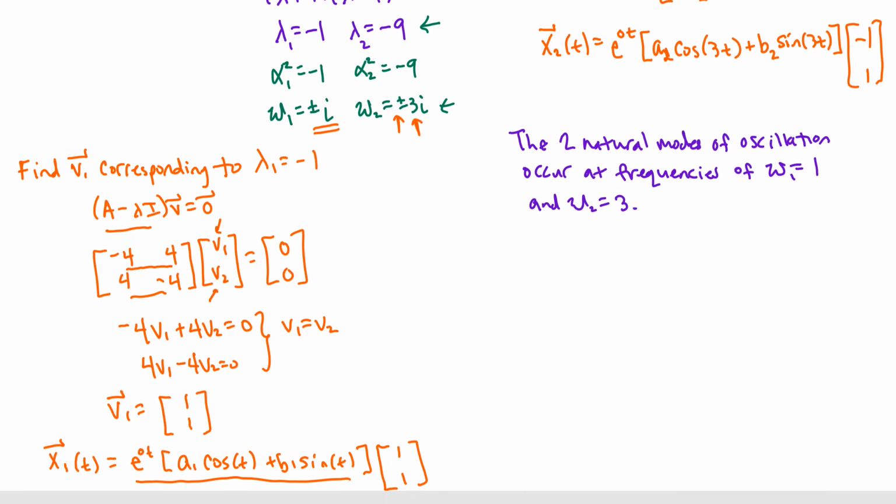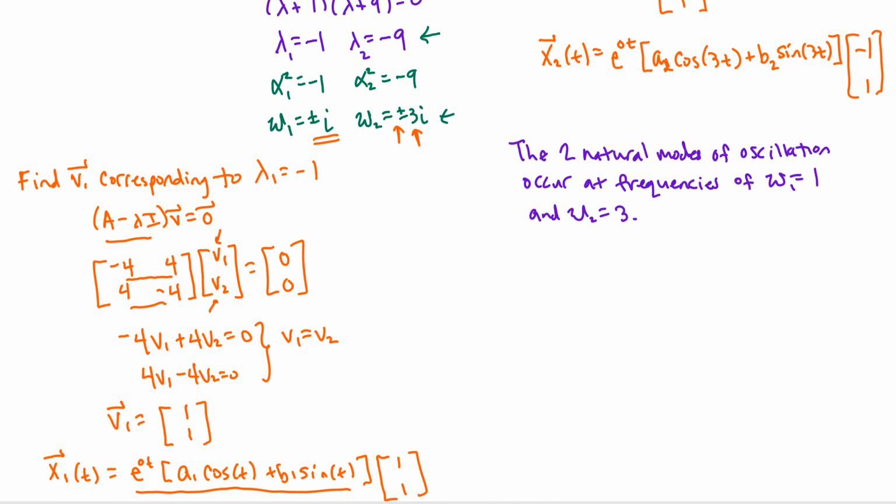Looking at the natural frequency omega sub 1 equals 1, which came from this particular solution, notice that the amplitudes of our sine and cosine would be the same, okay?